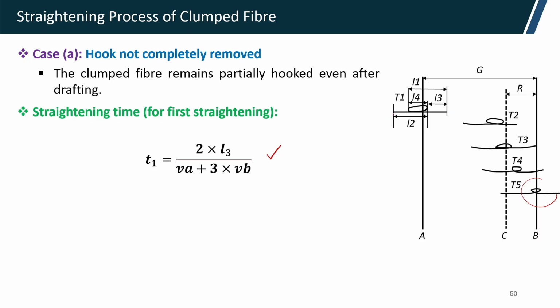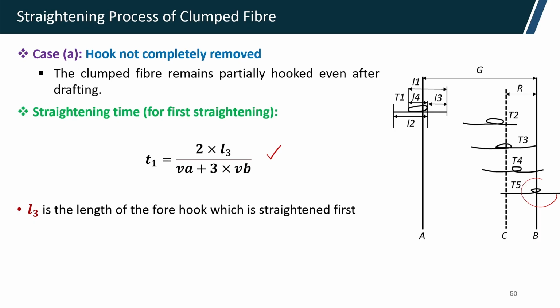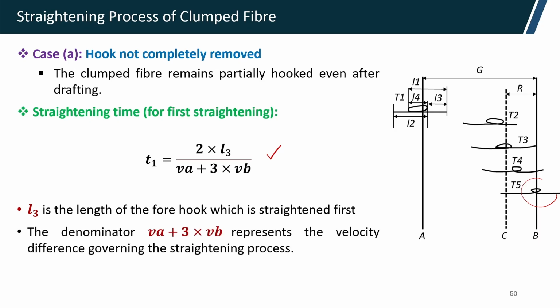So L3 is the length of the forehook which is straightened fast. This is the length of the forehook, and the denominator V A plus 3 V B represents the velocity difference governing the straightening process.